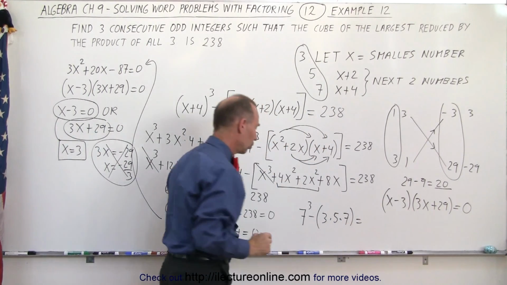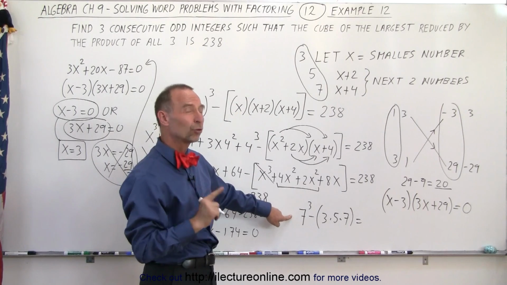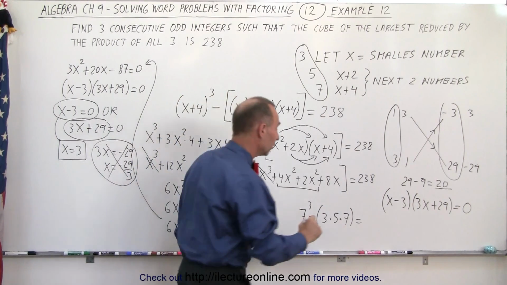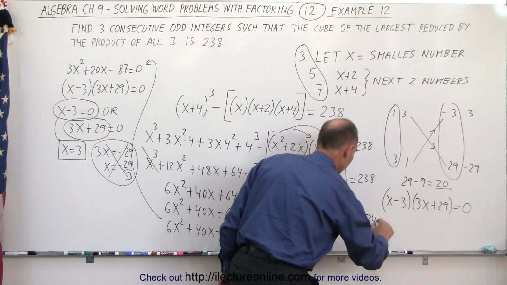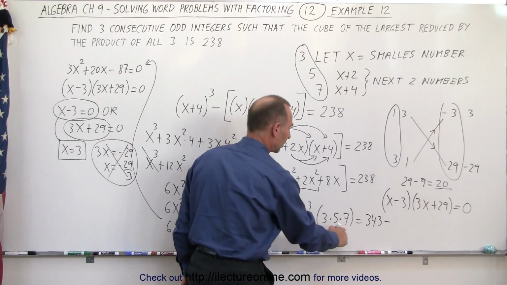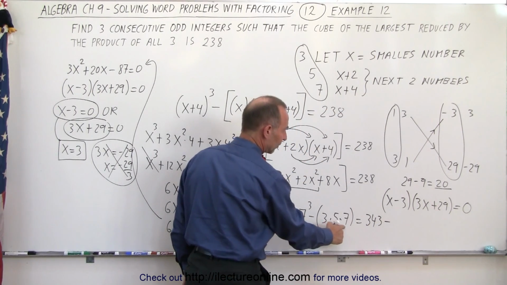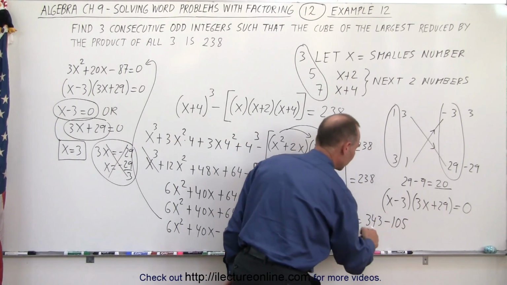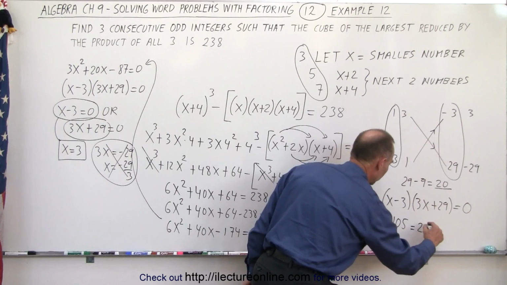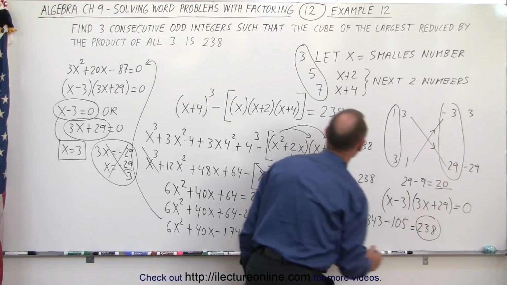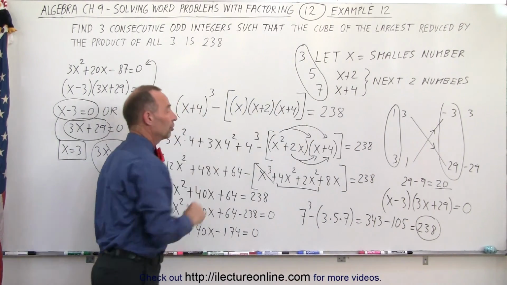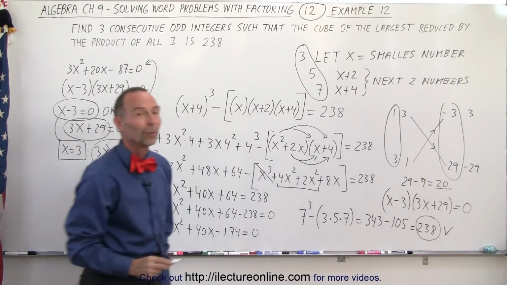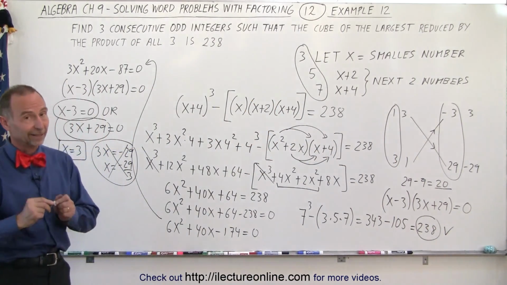So this is equal to 7 cubed, 7 squared is 49, 49 times 7 would be 343, minus the product of these, 3 times 5 is 15, times 7 is 105. If we subtract 105 from 343, we get 238, which is the number that it should equal. So in other words, it looks like we found the right answer. And that is how it's done.